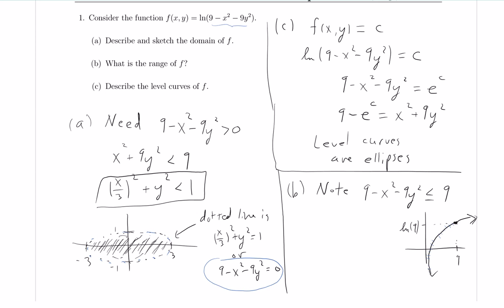Again, we can make this quantity in parentheses as close to 0 as we want, but it can't be any bigger than 9. So finally, our answer is that the range is negative infinity to log 9.